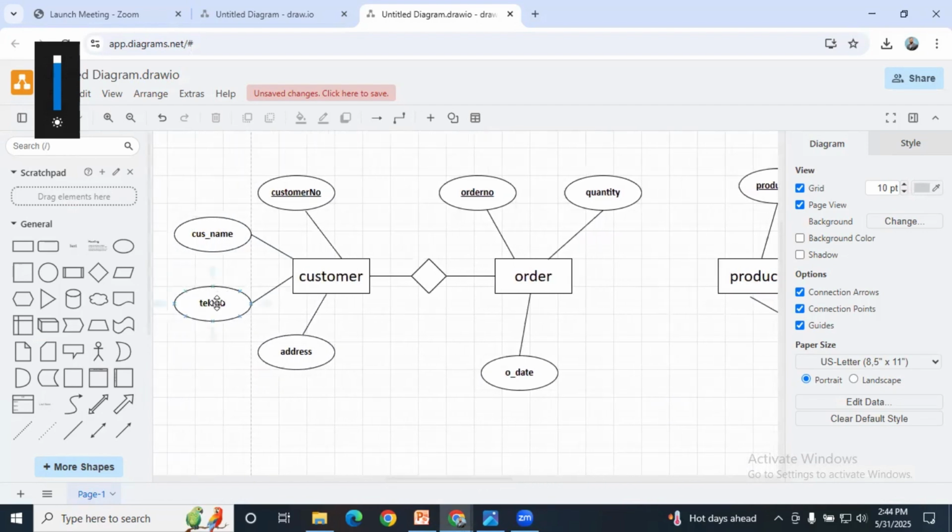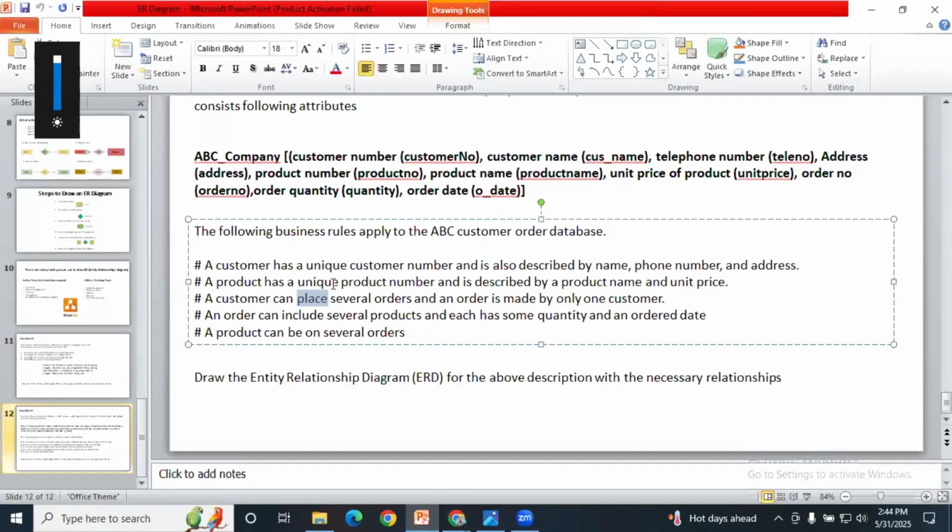Yes, someone asked about the telephone number. In the previous section I said that telephone number can be a multi-value attribute. But according to this scenario, they have not mentioned that the customer has one or more telephone numbers.